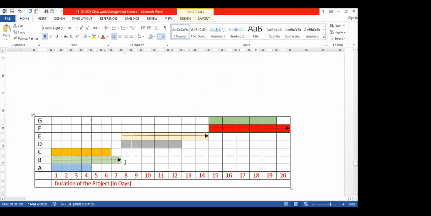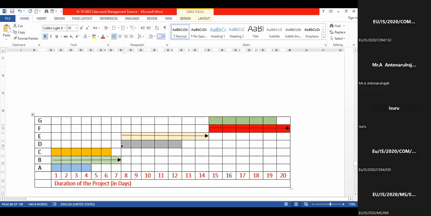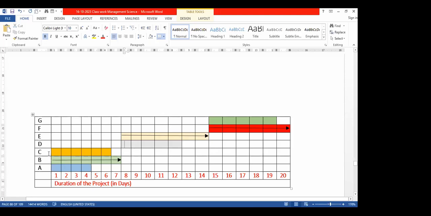If there are preceding activities, you have to carefully understand where to start. Where the longest path ends, from that point, because C, B and A are preceding activities.